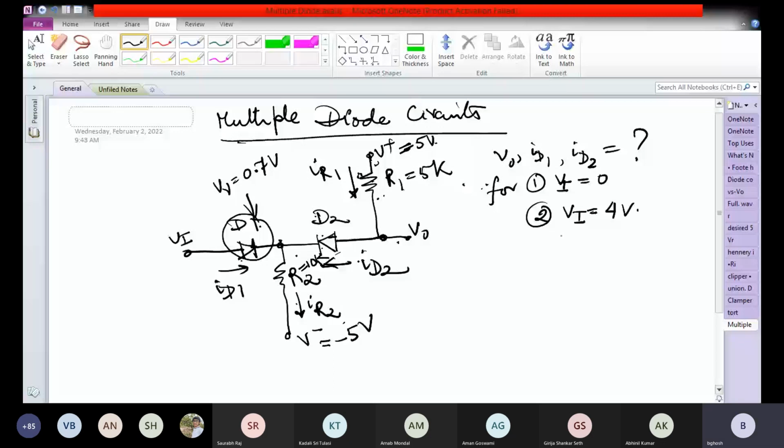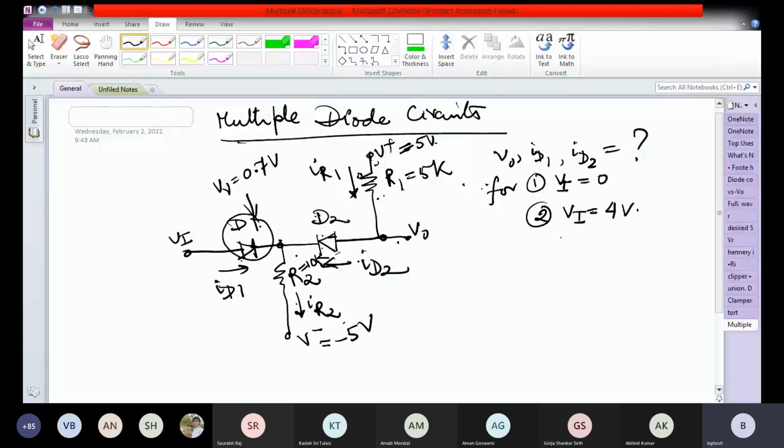Now here again, we have just one principle which you have to follow, and you cannot go wrong. The beauty about these kinds of circuit is that you cannot go wrong. If you follow the proper steps, even if you try to be wrong, you cannot be wrong. And what is that?